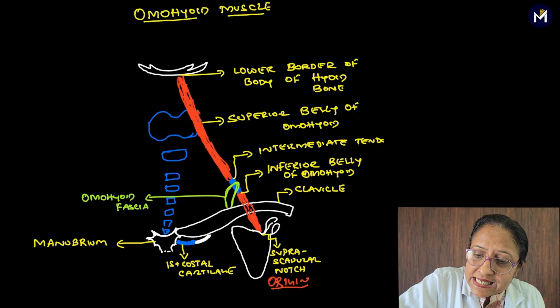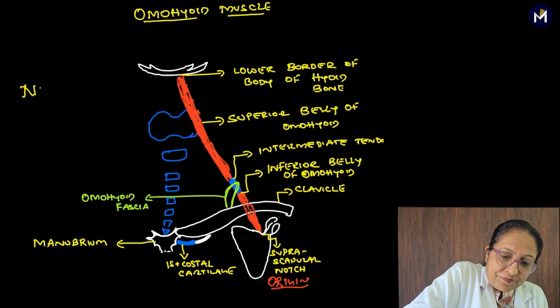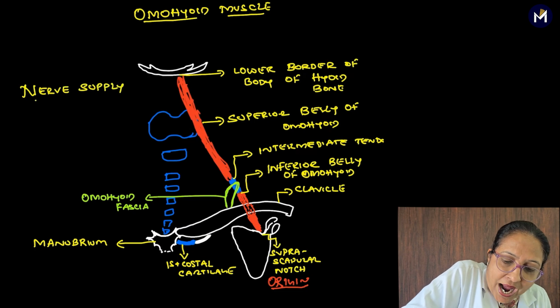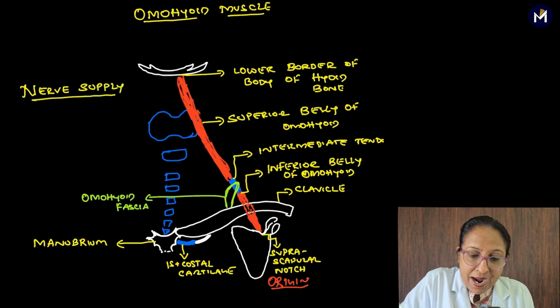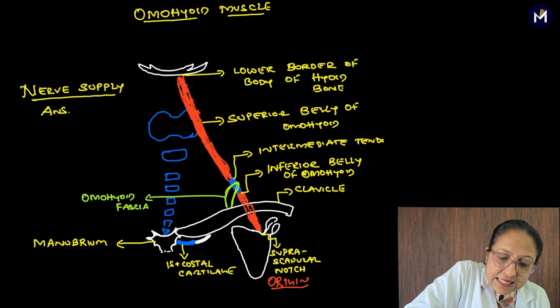So now that you have seen the two bellies and their attachment, what is the next thing? It's our nerve supply. Omohyoid is supplied by ansa cervicalis.